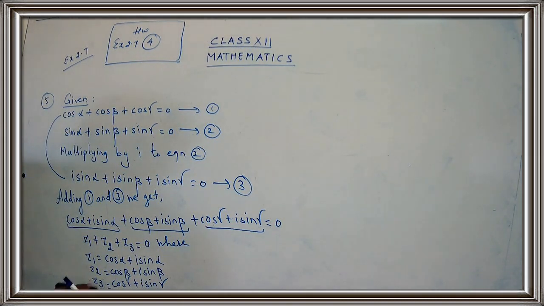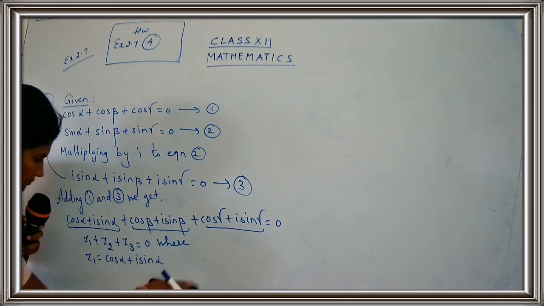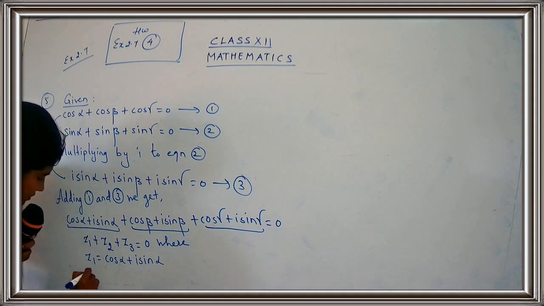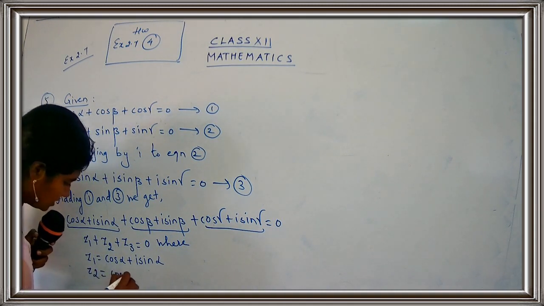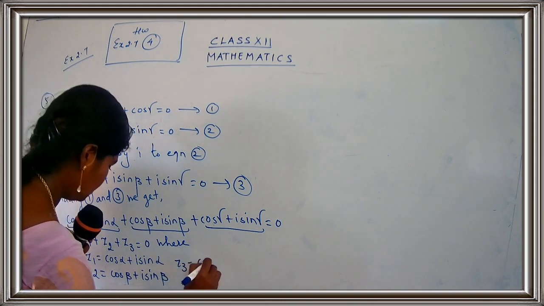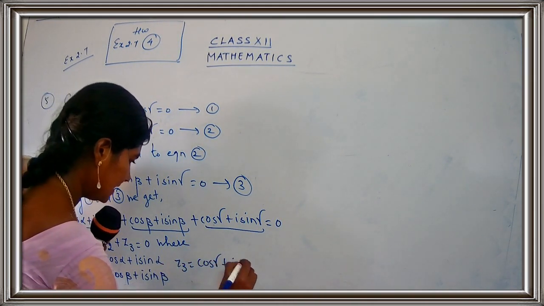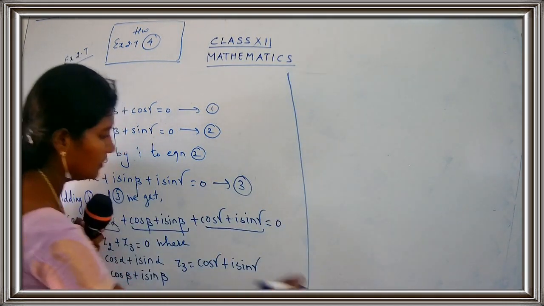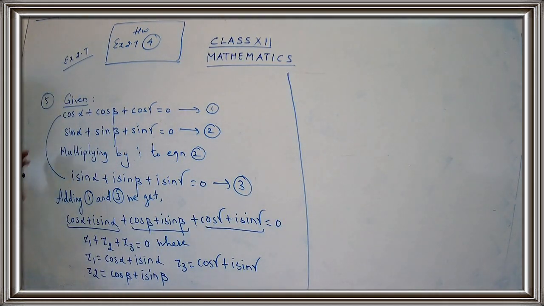So Z2 is equal to cos beta plus i sin beta, Z3 is equal to cos gamma plus i sin gamma. Okay children, so we have just multiplied i to equation 2, then we added 1 and 3. So we got the form Z1 plus Z2 plus Z3, and we have mentioned what Z1, Z2 and Z3 are.